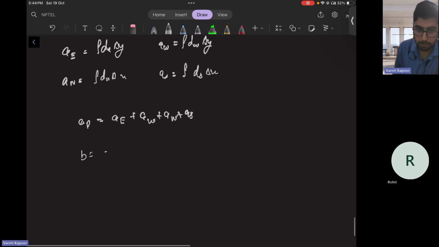Your B term is in terms of star values of the flow rates, Fw star minus Fe star plus Fs star minus Fn star.